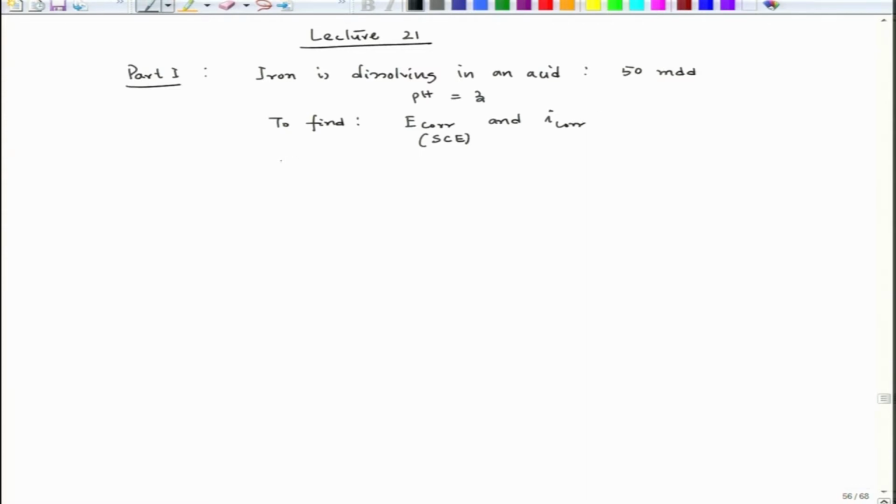Other data: hydrogen evolution is basically the reduction process. This is one. Second, the pH, of course, is 3.